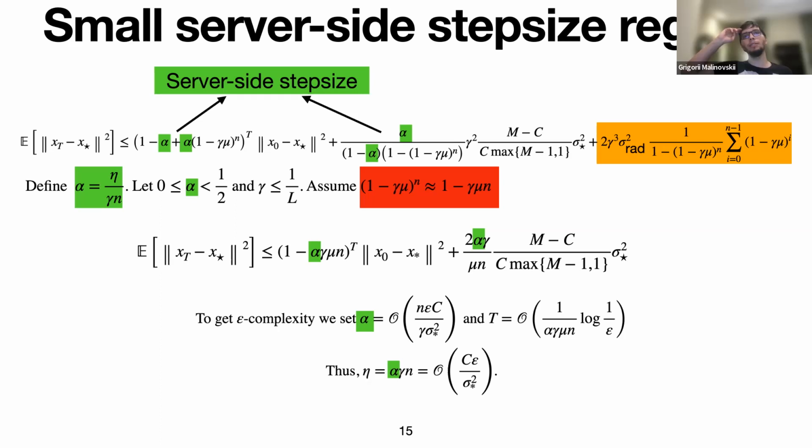Okay, the main message here: when the variance of client sampling is larger than the local variance, it is beneficial to consider relaxation, which means it's beneficial to use a small server-side step size to control this variance.